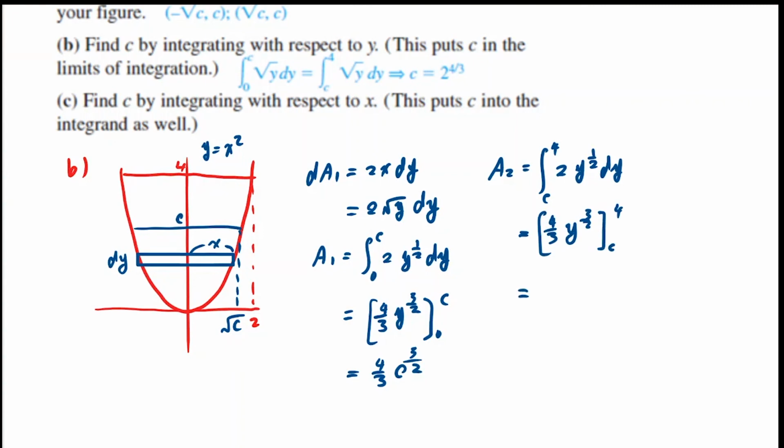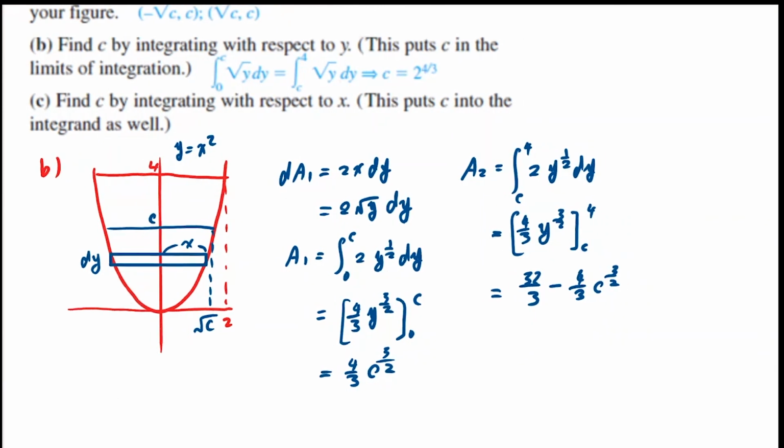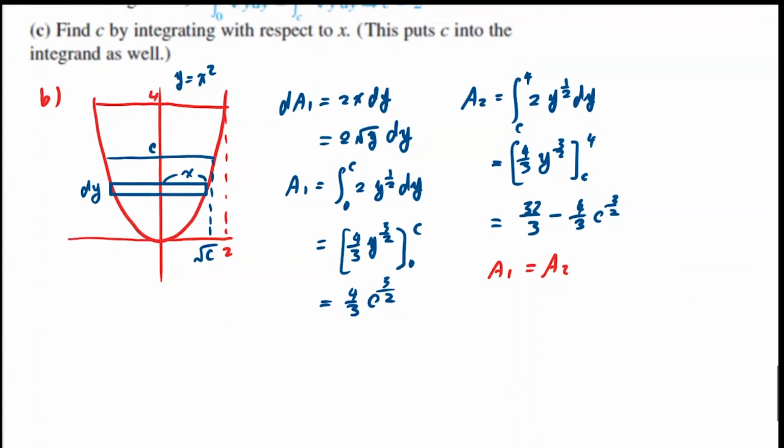So far with me, if you substitute 4, 2 cubed is 8, 32/3 minus, and the other one is the same as this. So far with me? Question. And then last thing is, we have to equate the two and solve.